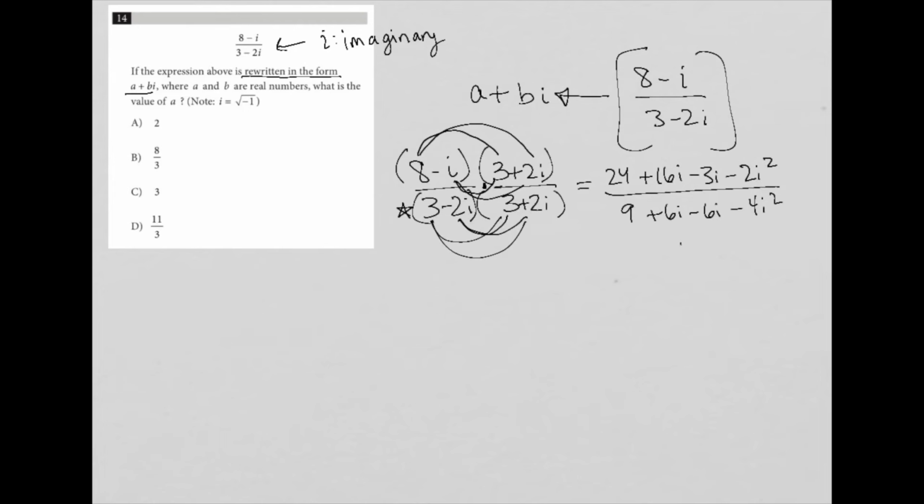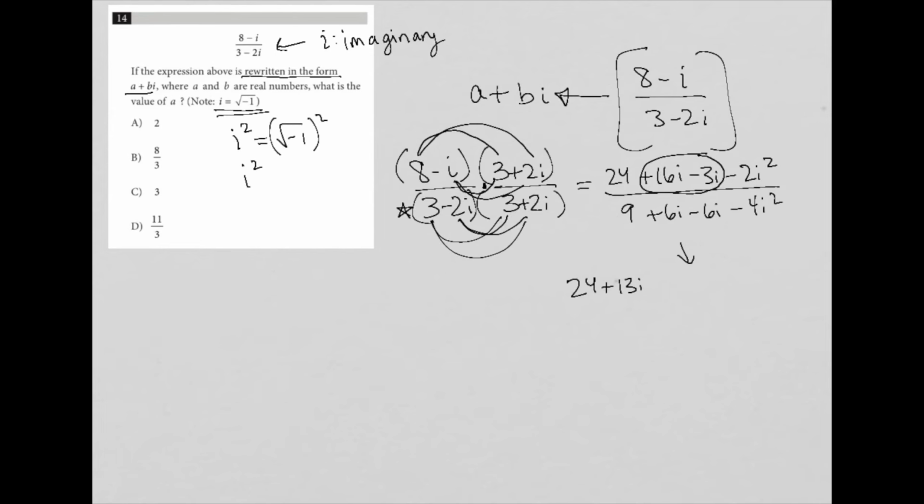So to continue to simplify this, I'd have 24 plus 13i, right? Because 16i minus 3i. And then minus 2i squared. I squared, and we kind of have that note here. If i is equal to square root of negative 1, that means that i squared is equal to square root of negative 1 squared.